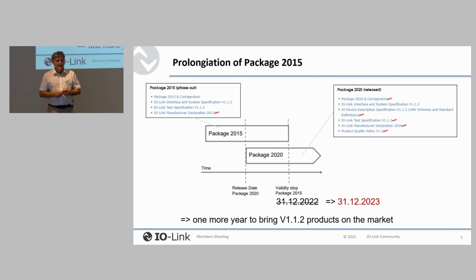And I think it's fair to say, okay, we can't force people to use the new package 2020 without having an appropriate test system. So that is the reason for the prolongation. And this is, I think, relaxing some efforts in R&D for you if you are a vendor or developer of devices.